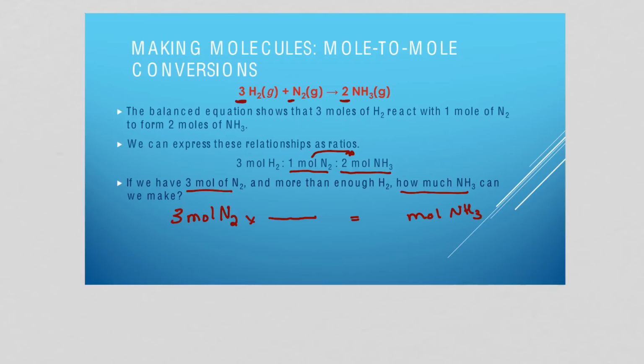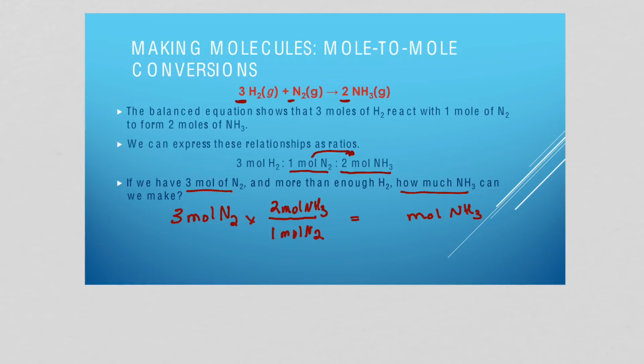So I need a conversion factor to go from moles of N2 to moles of NH3. And that's where these ratios, or these relationships between the coefficients, come in, because I know how they're related in this reaction. I know that for every 1 mole of N2, I can make 2 moles of NH3.